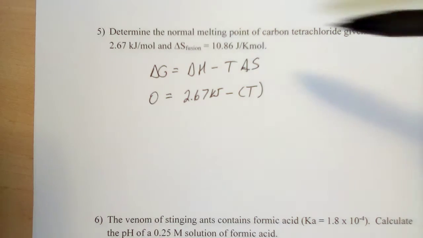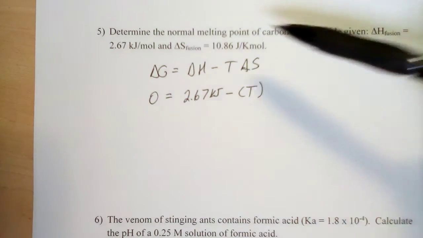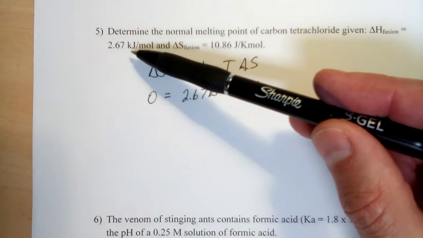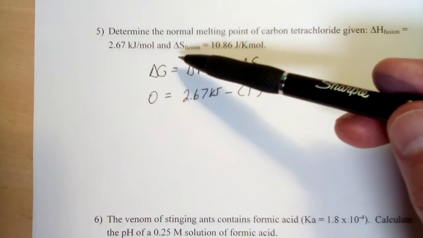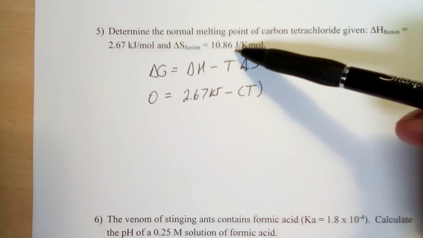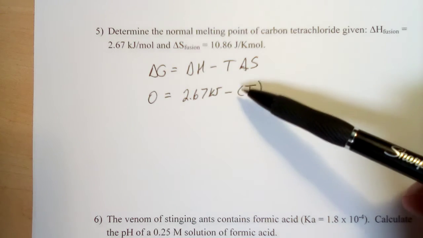Well, the possibly tricky thing here, and certainly what you want to keep track of, is that free energy and enthalpy are in kilojoules, or kilojoules per mole. Entropy units, though, are joules per kelvin mole. So this entropy value is in joules. What we're going to want to do down here is subtract after we multiply by the temperature.